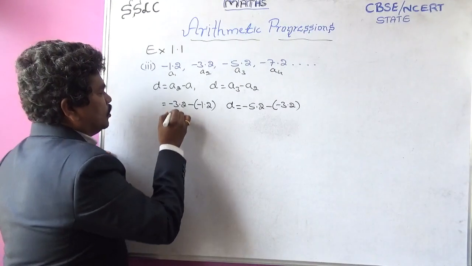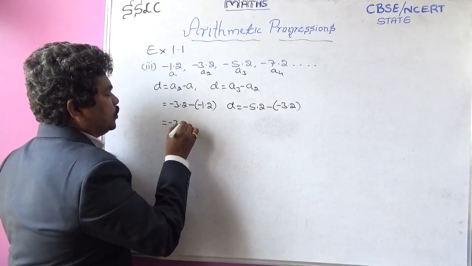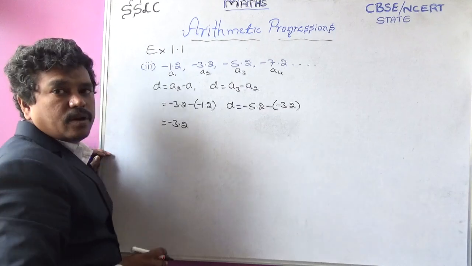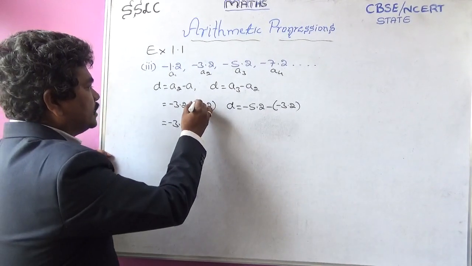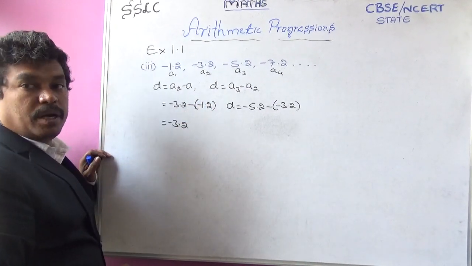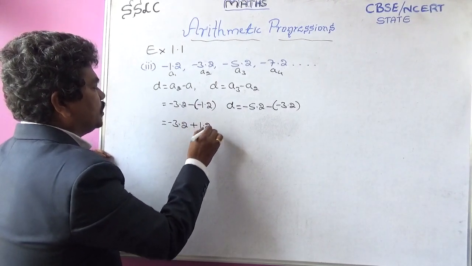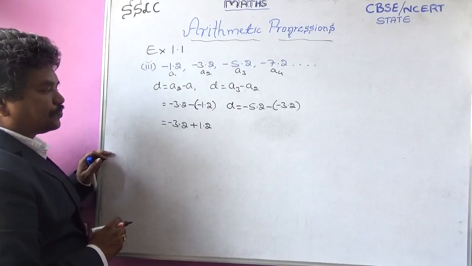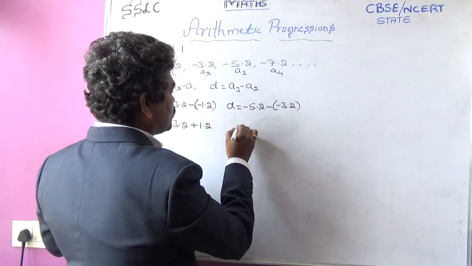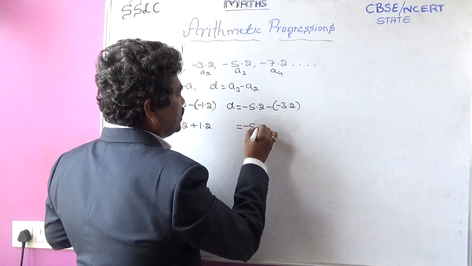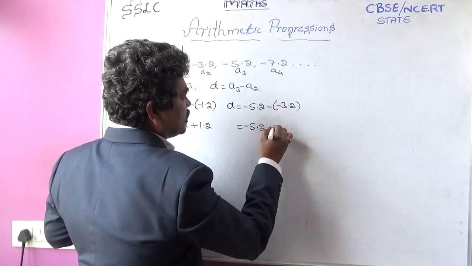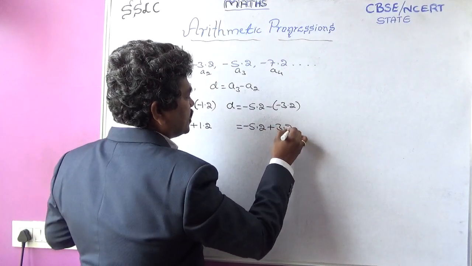So that is equal to minus 3.2. Minus into minus, we have to multiply because there is a bracket, which indicates the multiplication symbol. Minus into minus gives you plus 1.2. Now here it becomes minus 5.2, and minus into minus also becomes plus 3.2.